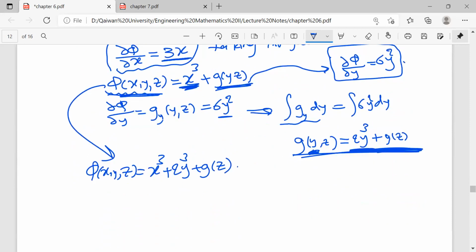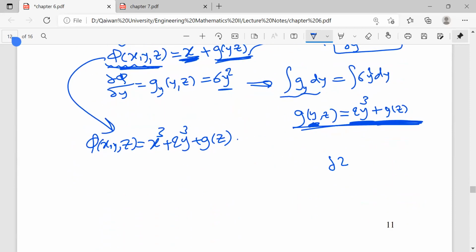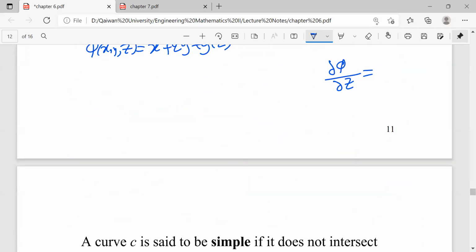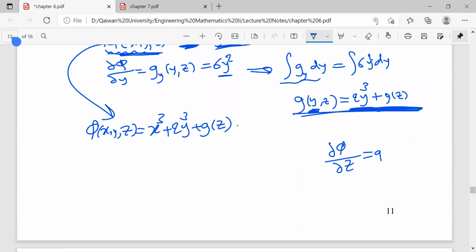That means partial phi by partial z equals 9z squared. So this is phi of xyz.